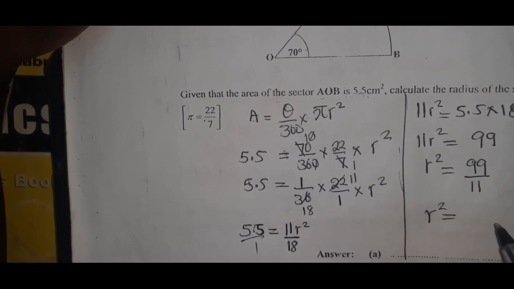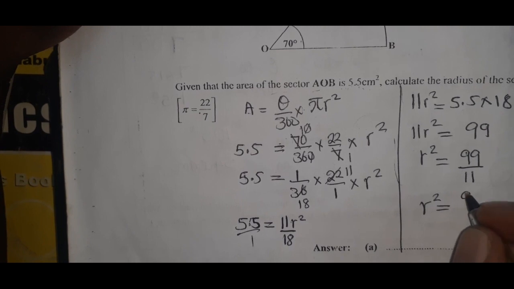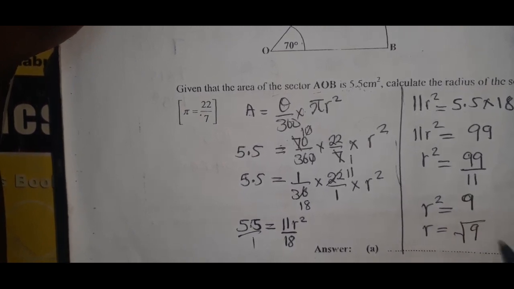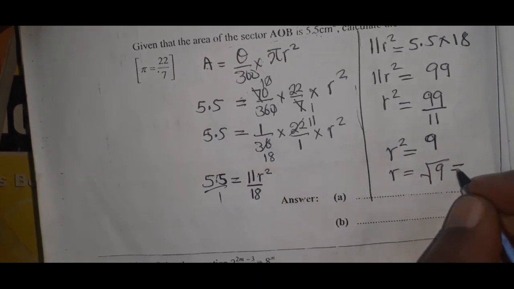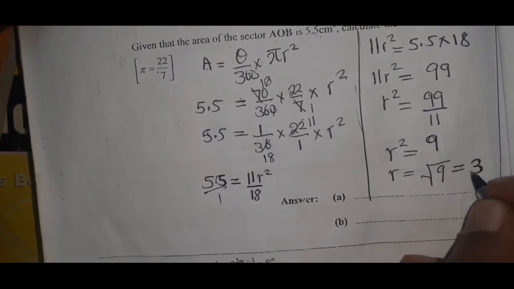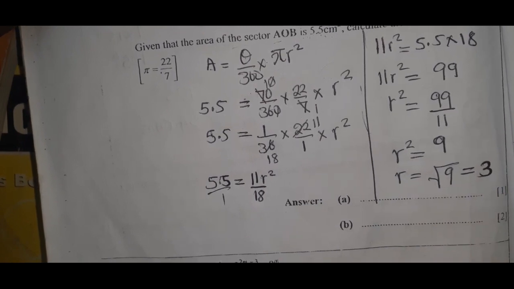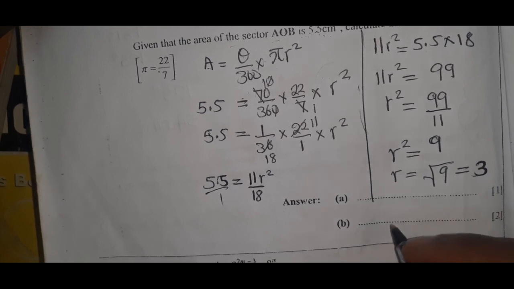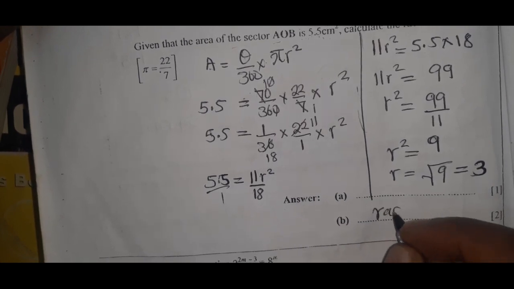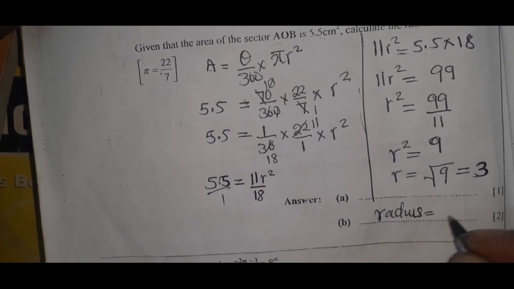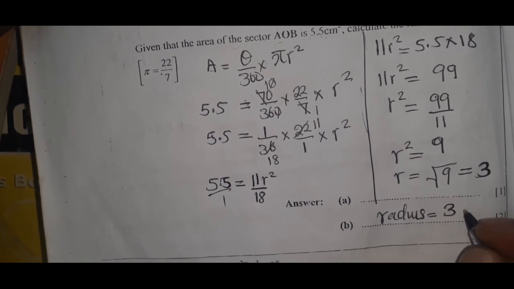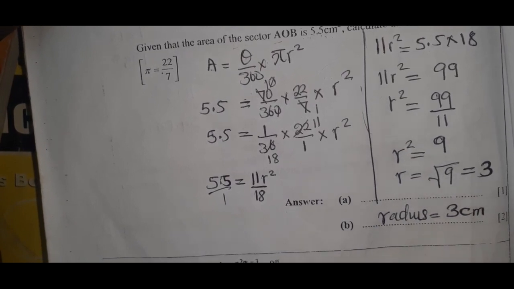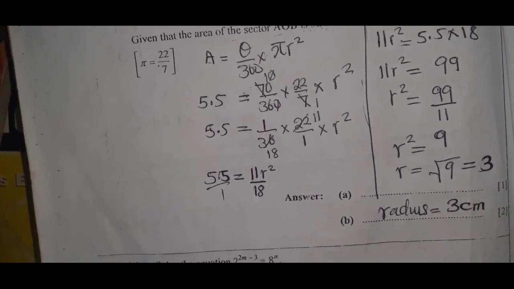So r squared is equals to 9. The r is equals to the square root of 9. What is the square root of 9? 3. We are not going to consider a negative. So meaning our radius is equal to 3 centimeters. This is what will be our radius. Okay?